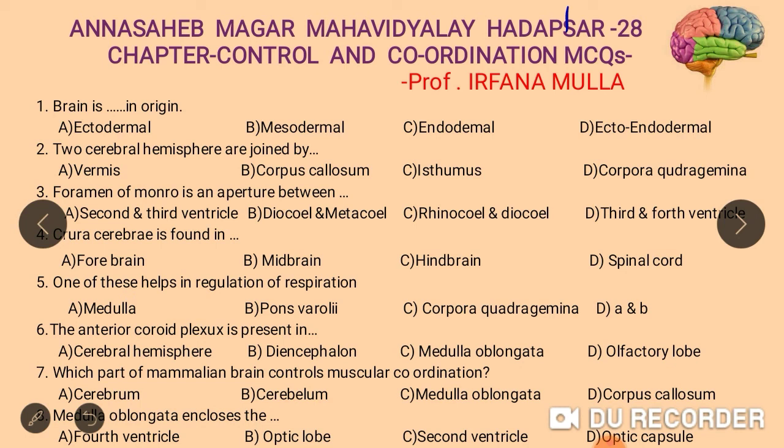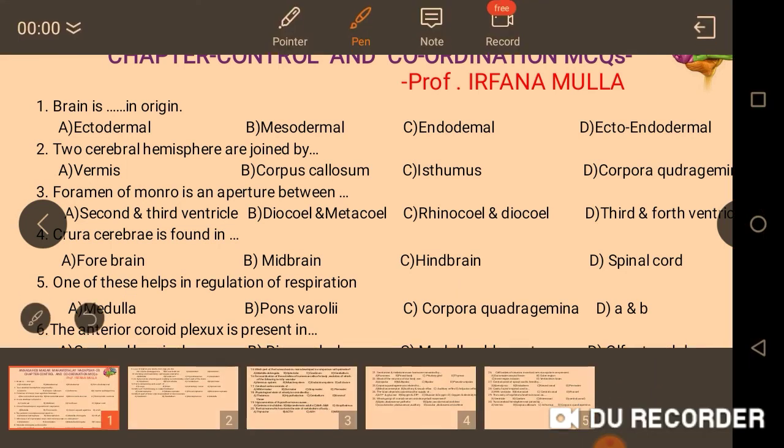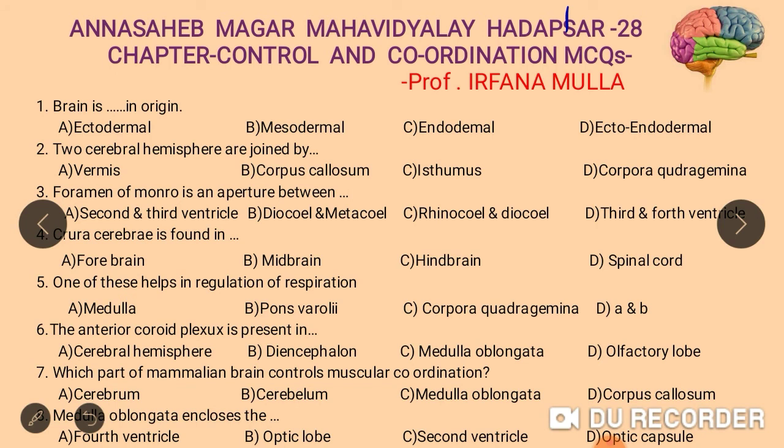Next question. Two cerebral hemispheres are joined by ___. There are four options: vermis, corpus callosum, isthmus, corpora quadrigemina. From these four options, the correct option is corpus callosum, because our brain has two cerebral hemispheres, right and left.